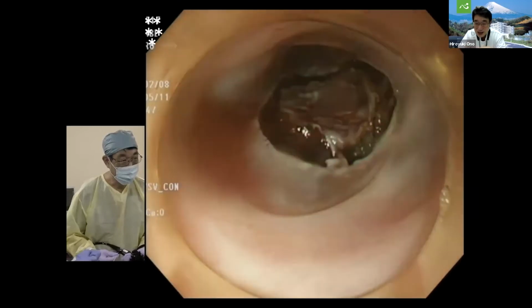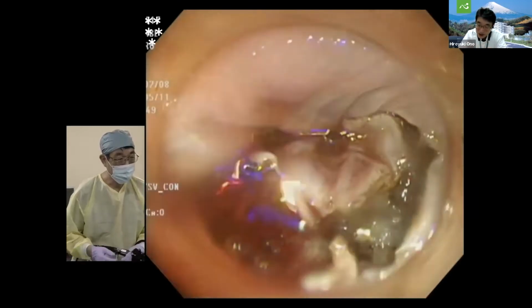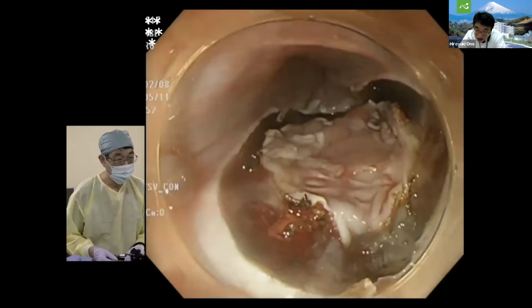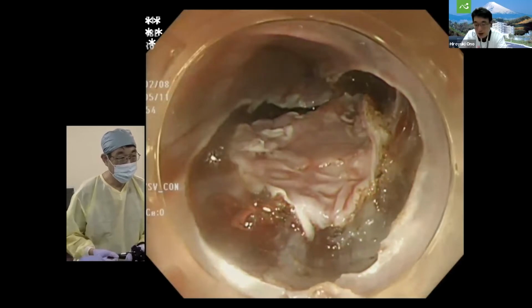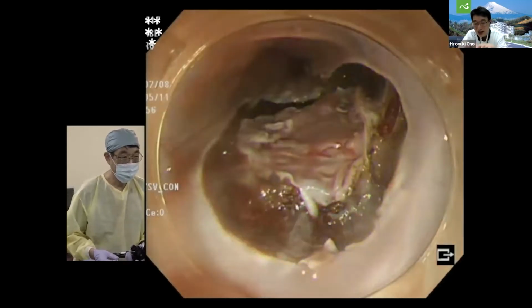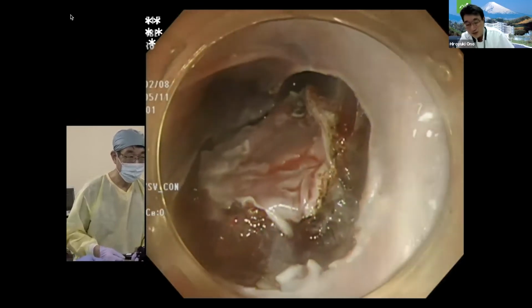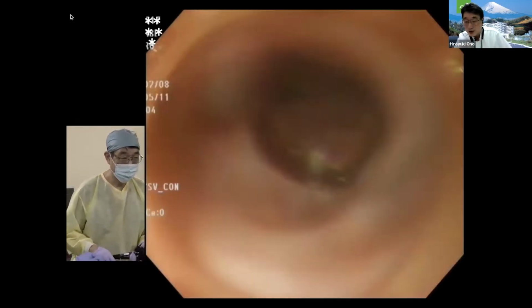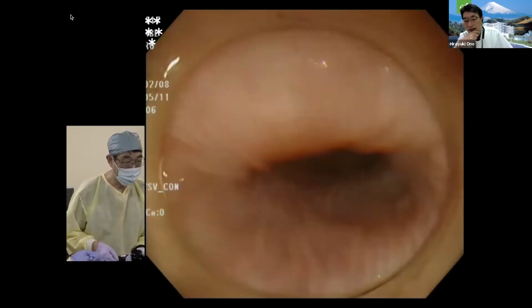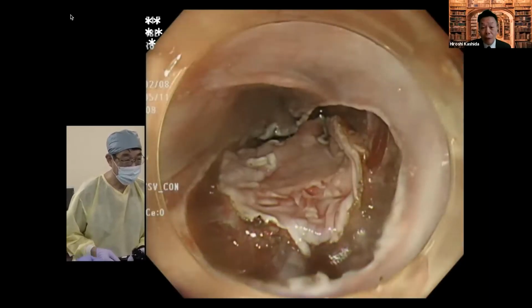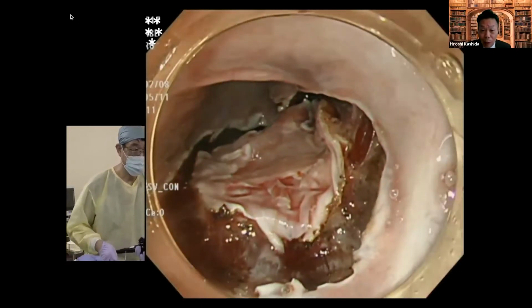So you can see this part is whitish. I inject the solution containing indigo carmine, but this is not stained blue because of the fibrosis. You can't see the blue color.